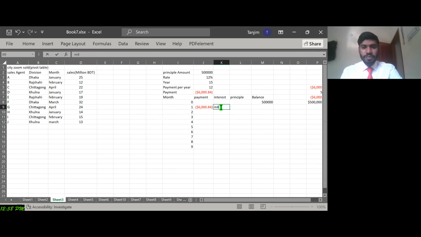So we press M8, the balance is 5 lakhs, then multiply by the rate, which is compounding. So press the first bracket, after that J3, and J3 is divided by compounding, so we divide by J5, then press enter.